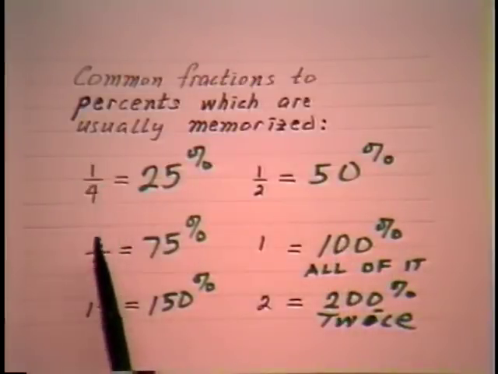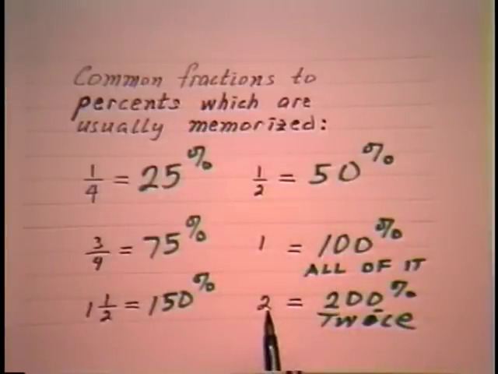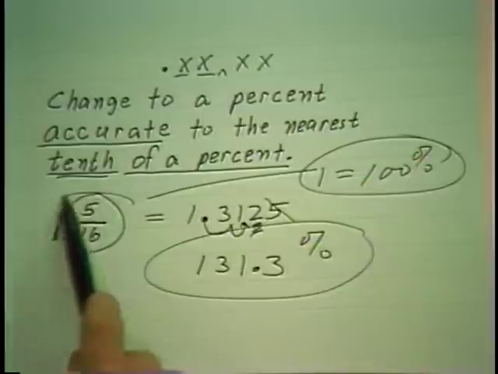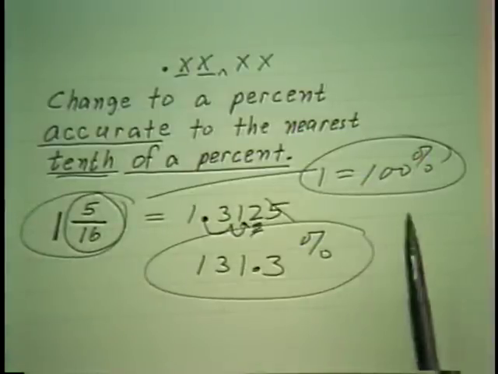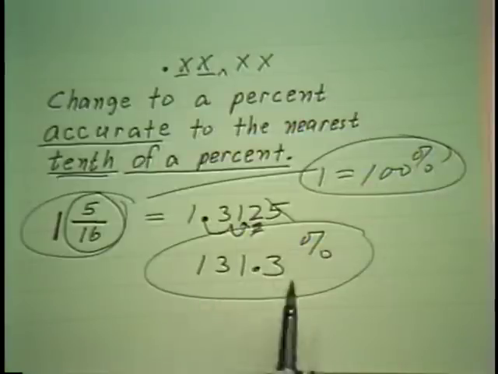By using these certain key equivalents, we can check to see if certain answers seem to be at least in the ballpark. For instance, our last problem. This is somewhat more than 1, so we know our answer should be somewhat more than 100%, and indeed it was somewhat more than 100%.